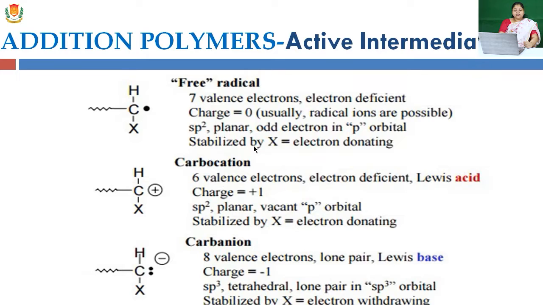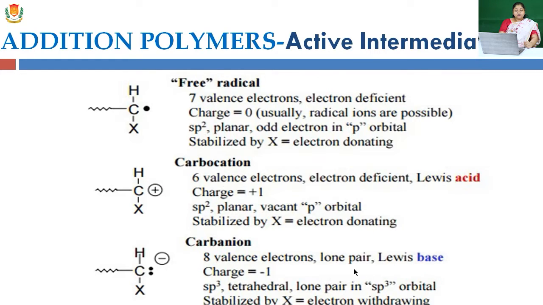These carbocations and carbanions possess positive and negative charges, whereas free radicals possess 7 valence electrons. They have an sp2 planar structure, an odd electron in the p orbital, and they can be stabilized by donating an electron. Carbocations possess 6 valence electrons. They are electron deficient, Lewis acids, and possess a +1 charge.